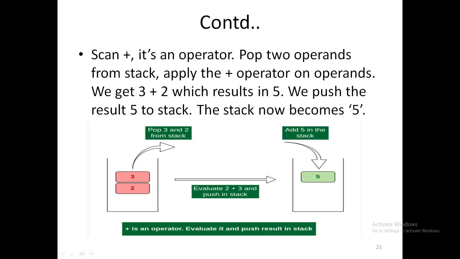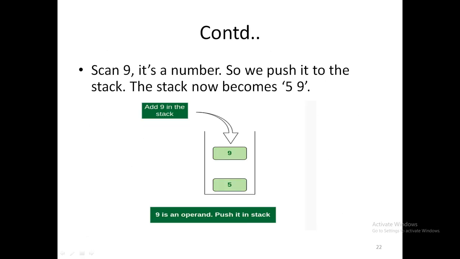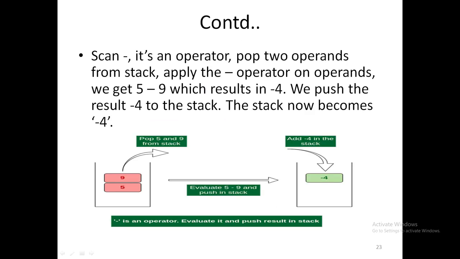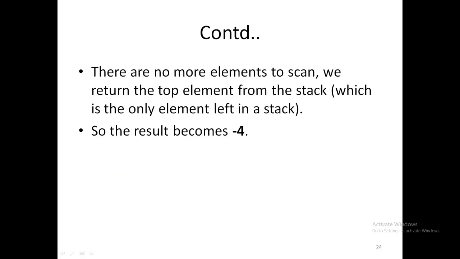Remaining we have 2 and 3 with the operator plus, so 2 plus 3, 2 elements are popped, so 5 is pushed back into the stack. After that we have the 9, so 5 and 9 are in the stack. After the 9 you have the minus, so 5 minus 9, which is minus 4. The first popped operand is the right and the second one is the left, so the evaluated value is minus 4.